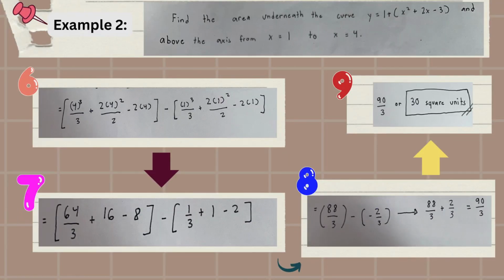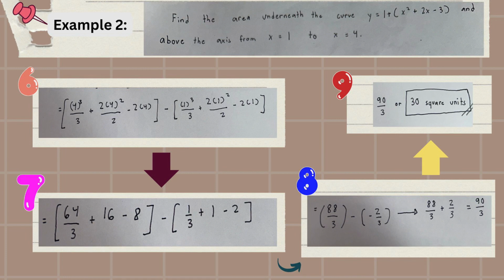And now on this slide, we have the sixth step from the previous slide. Now moving on to the seventh step. We simplify both of the equations into 64 over 3 plus 16 minus 8, then minus 1 over 3 plus 1 minus 2. Then moving on to number 8, we simplify again.